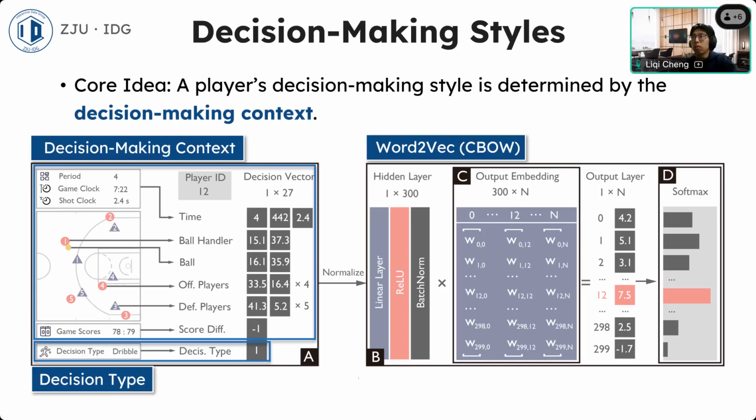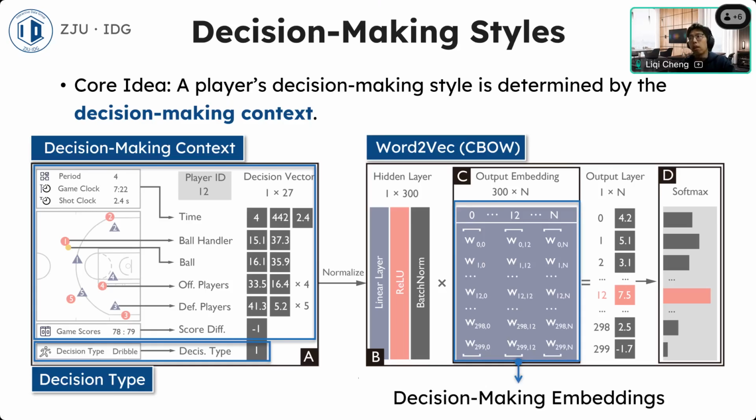Then, using a skip-gram style architecture from word2vec, we input this context along with the decision type and train the model to predict which player made the decision. After training, the hidden vector from the output layer serves as the player's decision-making embedding.